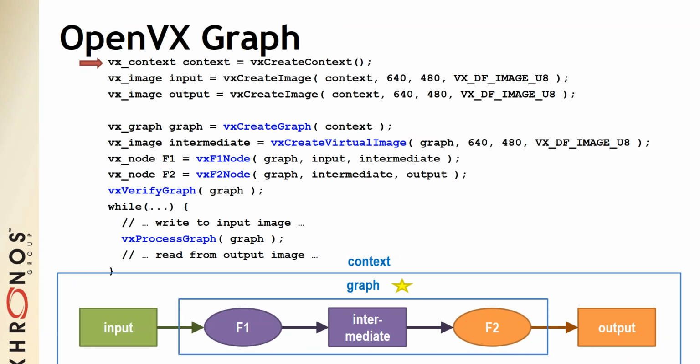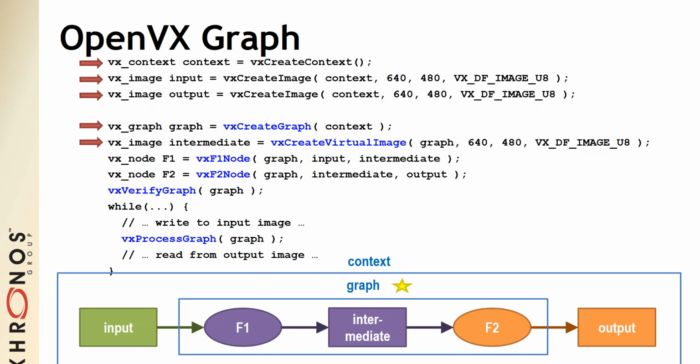Here is a simple example to start with. First, we create a context for the OpenVX operations and data. Then we start building a graph in that context. So create input and output images, create a graph object, and then an intermediate virtual image.